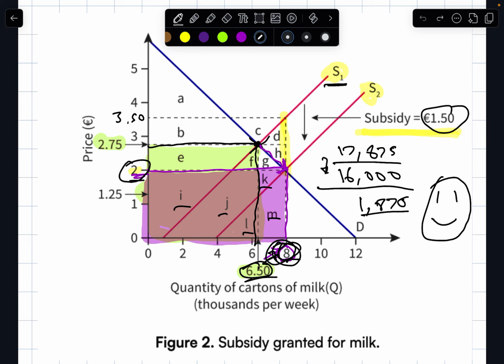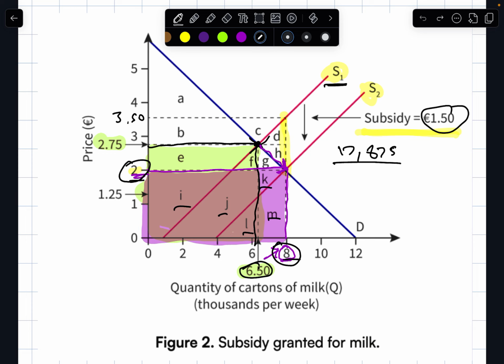Now, moving away from consumers, let's focus on the producer side of things. So the producers, their original revenue is also at this point right here, where the original supply meets the original demand. However, they are not making the money right here where the consumers are paying.